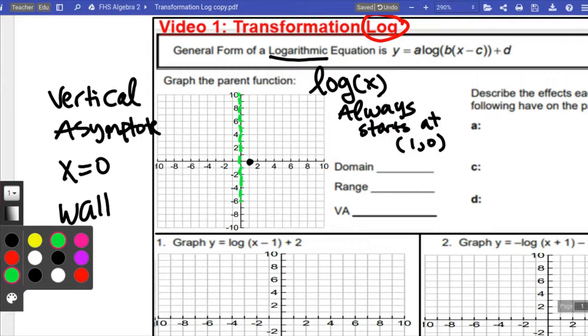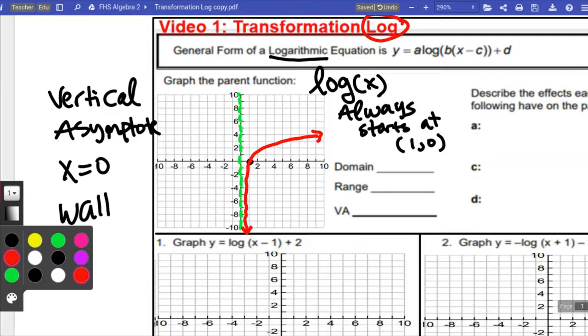It means when I graph it, it will not cross this green line. When you're graphing the parent function of this logarithm, it will get closer and closer, but will never cross the green line.